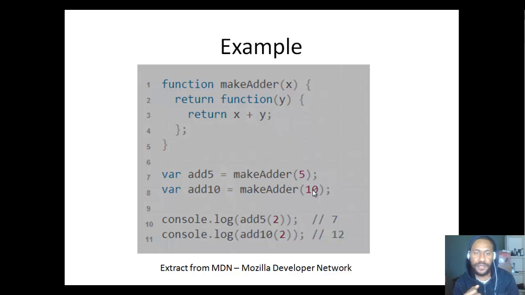The first function is a declaration. The second, on line 7: var add5 equals makeOther(5) is a function expression, as well as var add10 equals makeOther(10), also a function expression. Function makeOther also contains an inner function, a declarative function.